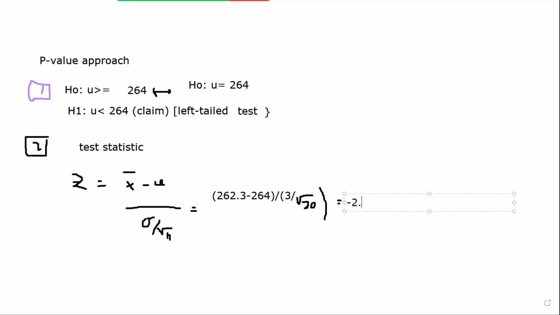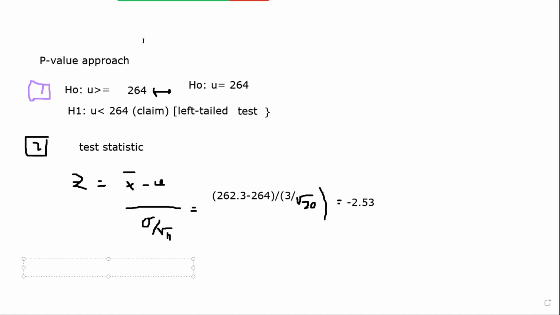Negative 2.53, okay? Now the next step here, instead of having a critical value, we have a p-value, which means that we have an area that's associated with our test statistic.